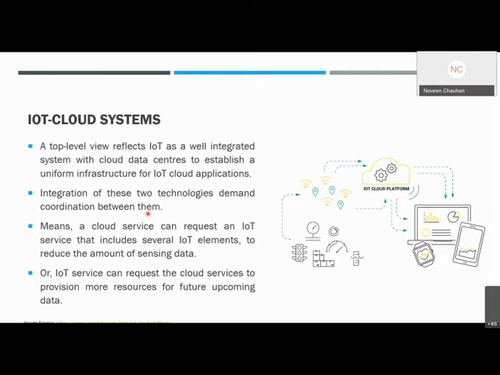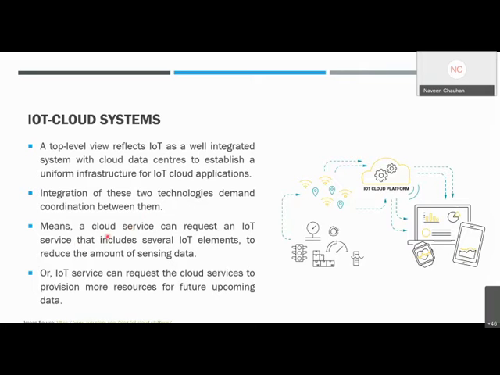So standardization of the technologies comes into the picture, as we started today's discussion with the definition given by the National Institute of Standards and Technology. So definitely the role of standardization comes over here also.